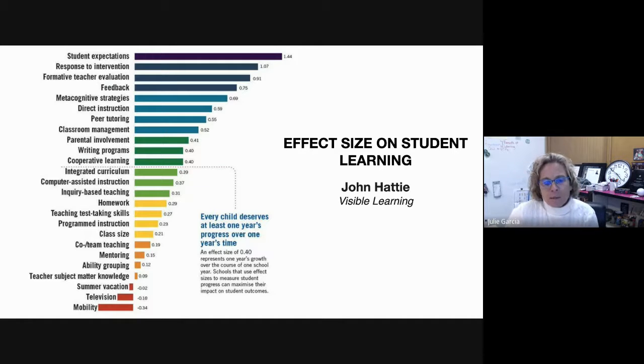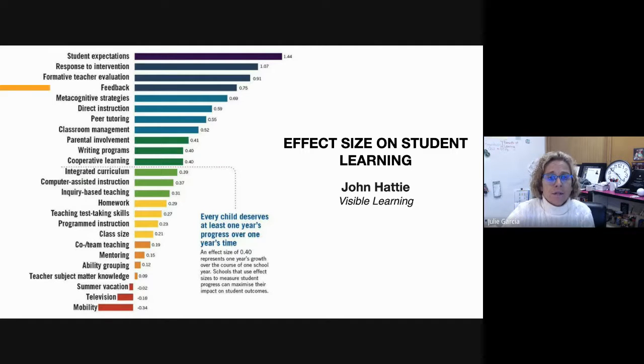So I know a lot of people may or may not have heard of John Hattie, but John Hattie does some research around things that make a positive impact in our classrooms. And he has identified an effect size, which means that students will typically make a year's worth of growth if you do this type of strategy. So if you look at this list of strategies, you see there's homework, there's class size reduction, there's parental involvement, and you see these different levels of effect size.